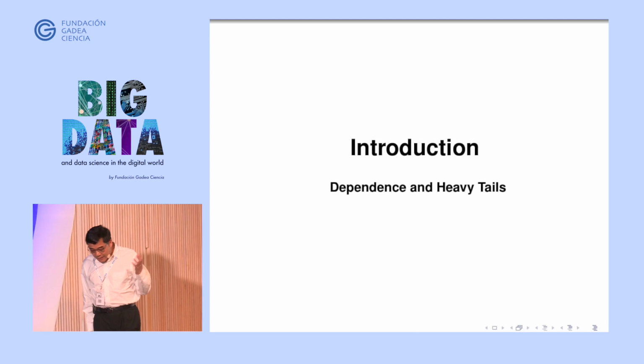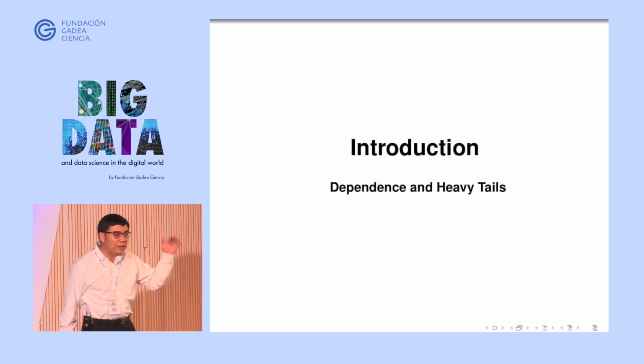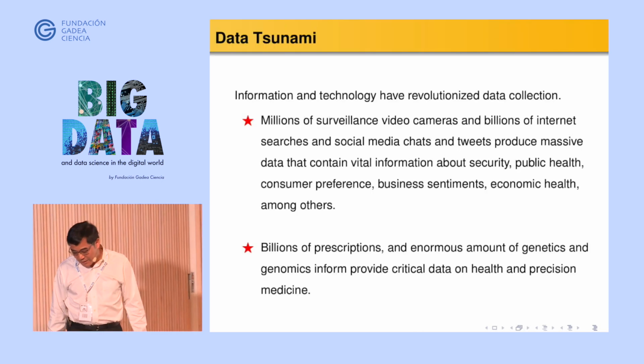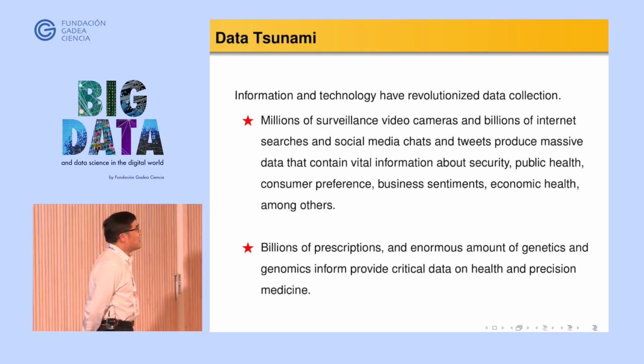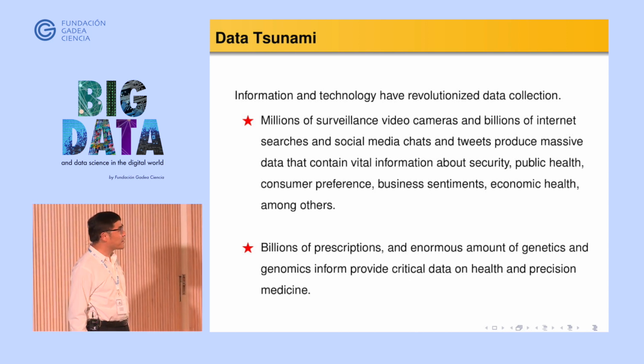My talk today mainly focuses on dependence and heavy tails, and other issues of big data I'll talk about later. Let me just set a tone on the data tsunami. Information technology has revolutionized the data collection process.